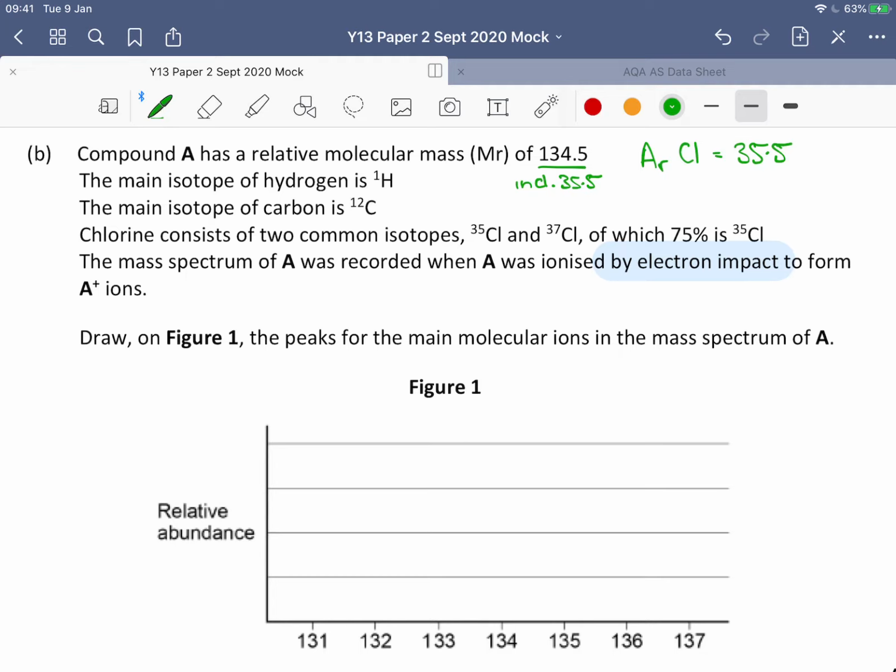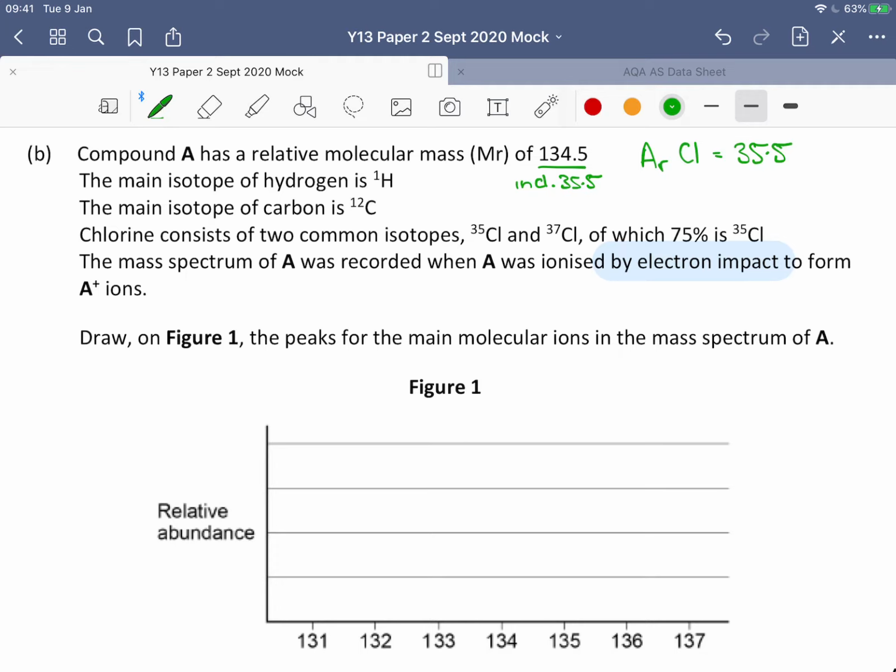We know what compound A is: the one we've just named, 3-chloro-2,4-dimethylpentane. If we were doing the Mr from the periodic table, we would be using relative atomic masses, so we would have 35.5.